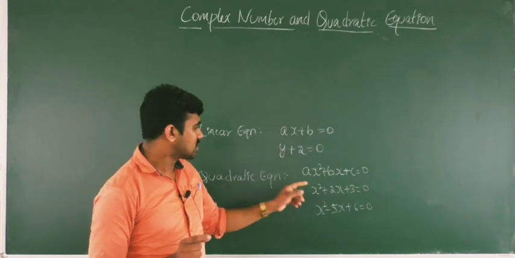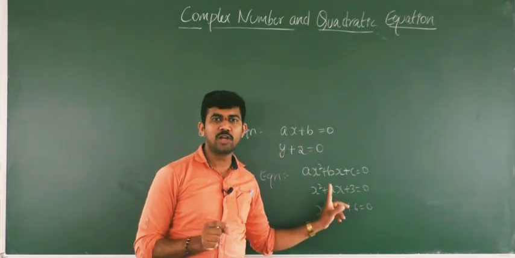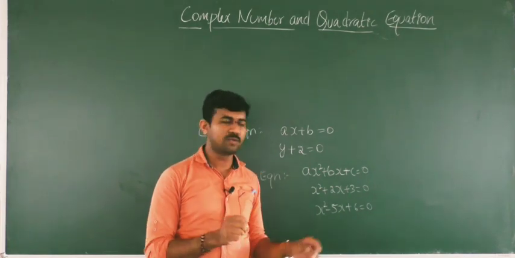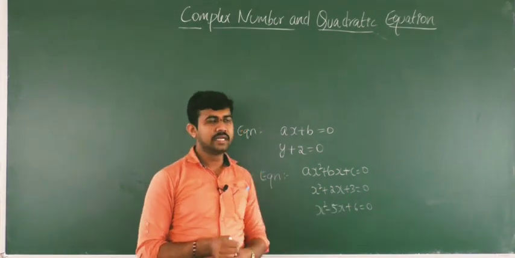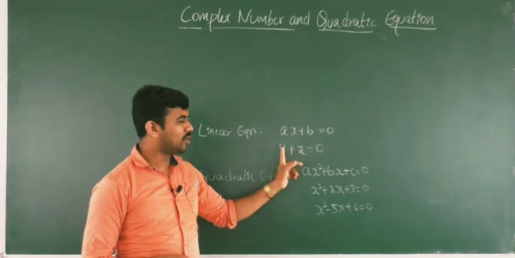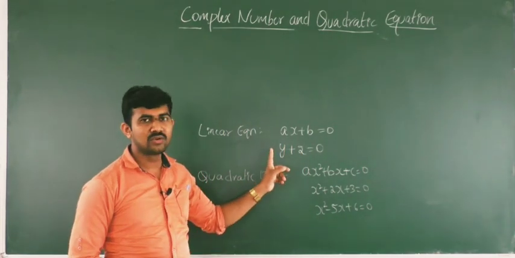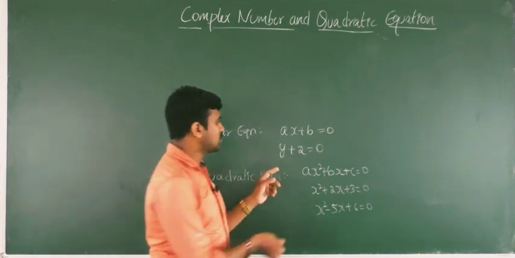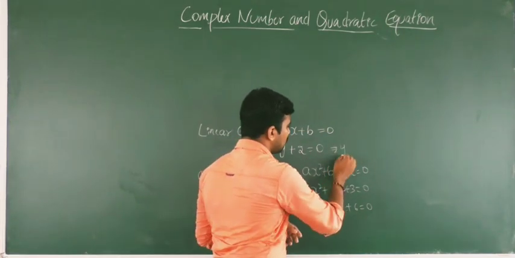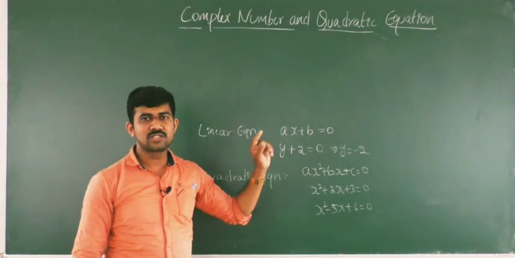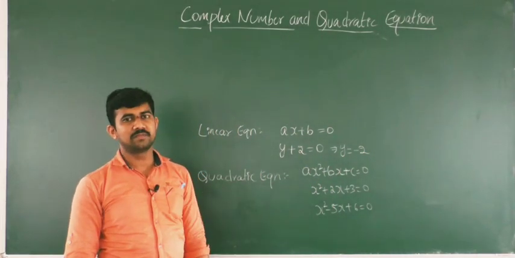Since the degree of this equation is 2, we will get 2 solutions or 2 roots. Similarly, here the y value gives the root of this linear equation. So we find y is equal to minus 2, and y is equal to minus 2 is the solution of this linear equation.